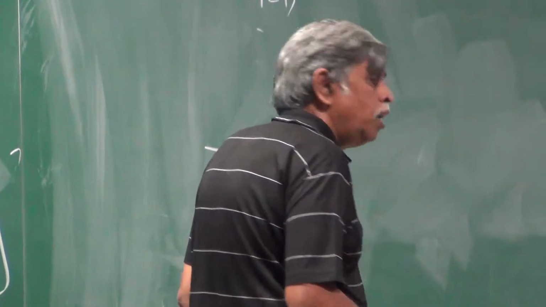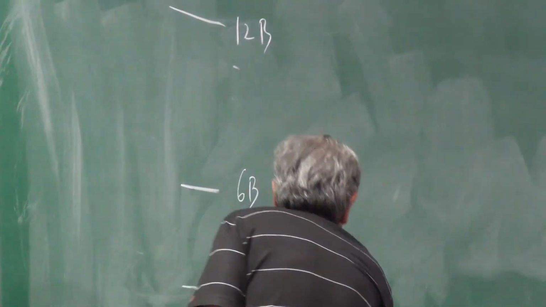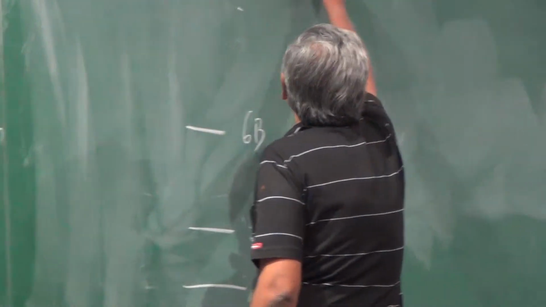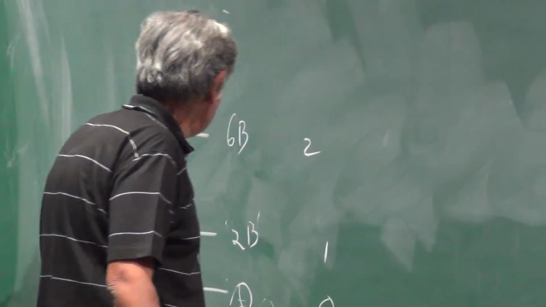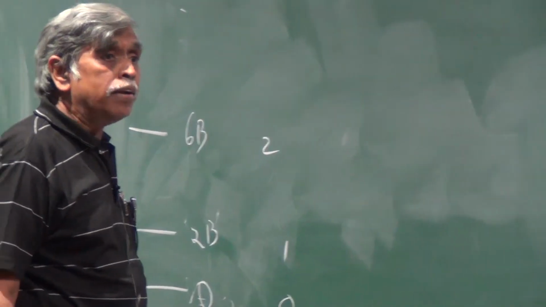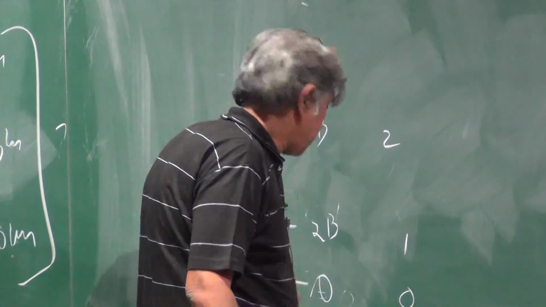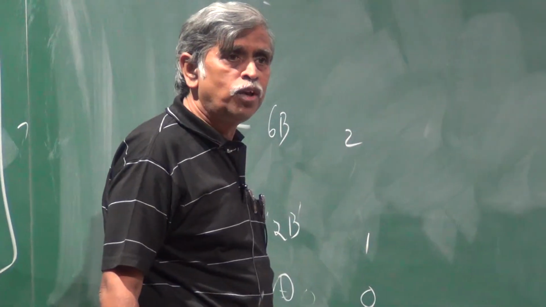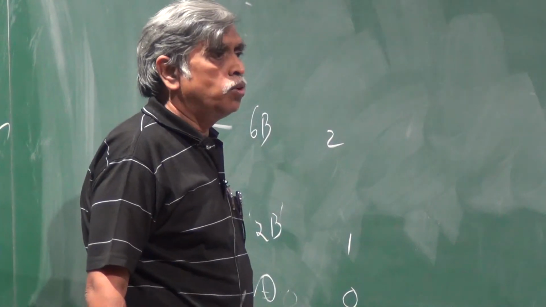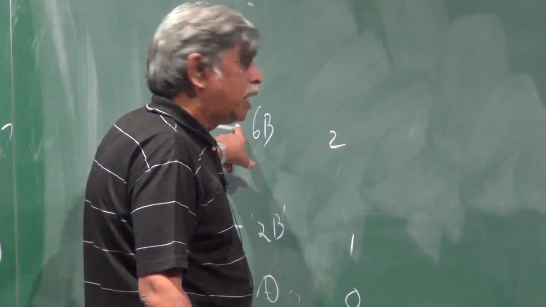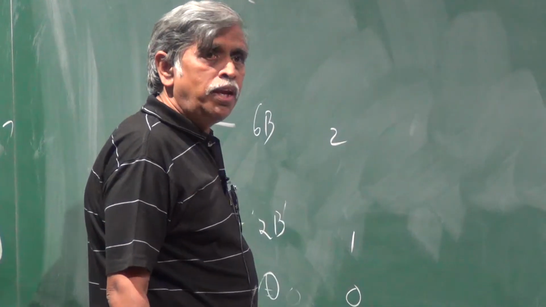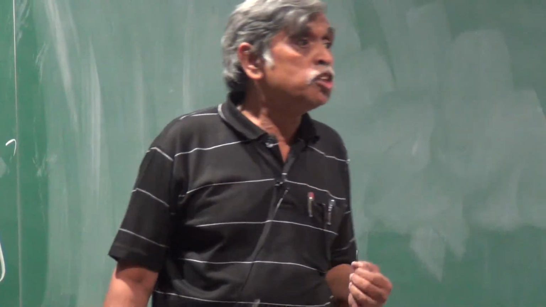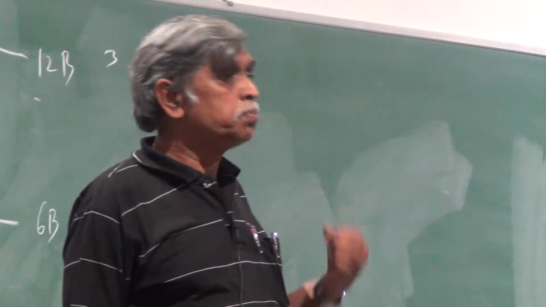If you do Raman, what happens? This is J. The molecule starts from here, where should it end? It can end back on itself, because delta J equals 0 is allowed. What's the other possibility? It can end at 2, because we need delta J equals 0 or plus or minus 2.